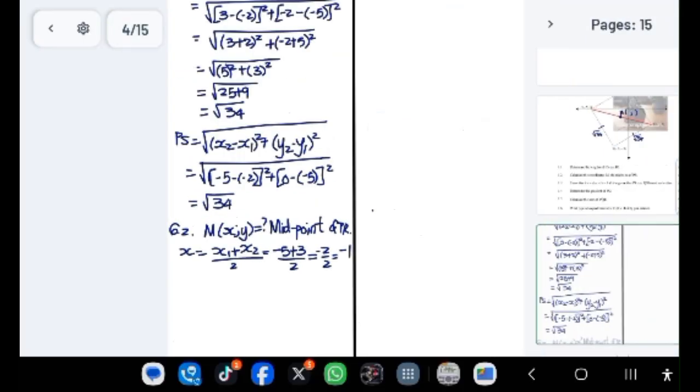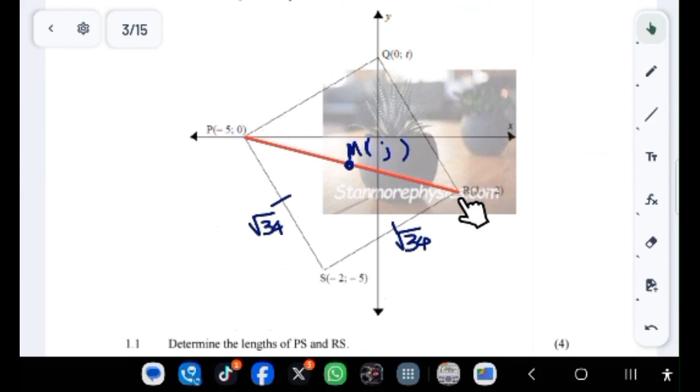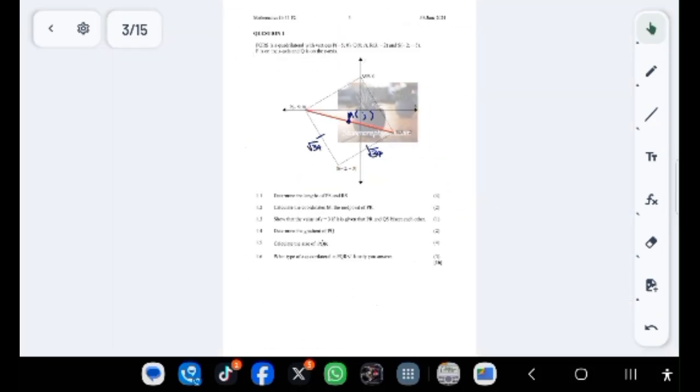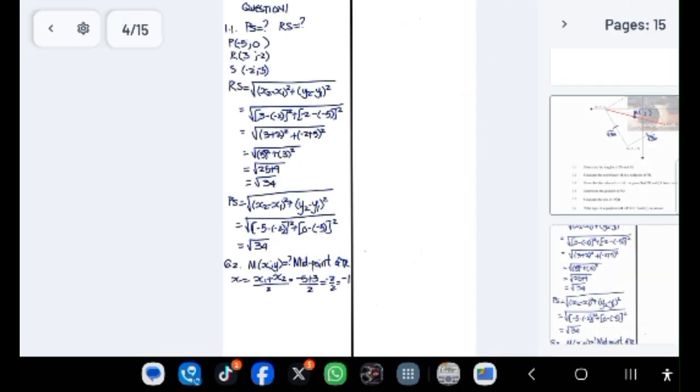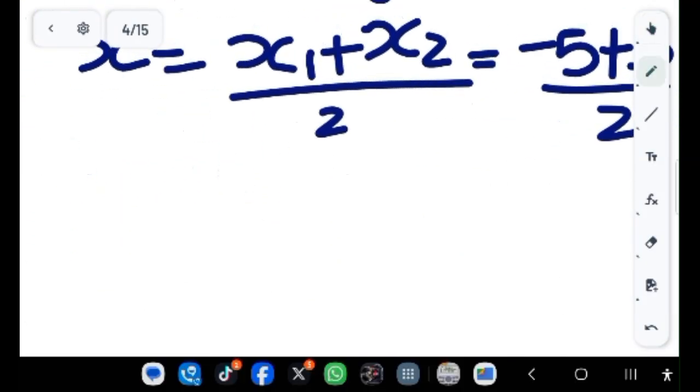Same story for the y coordinates of P and R. The y coordinates are 0 and negative 2.